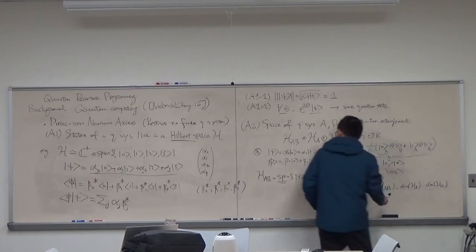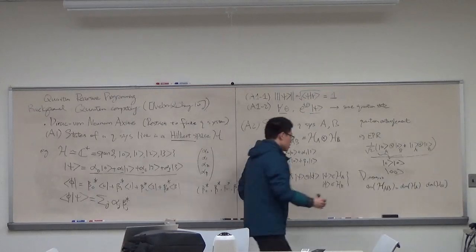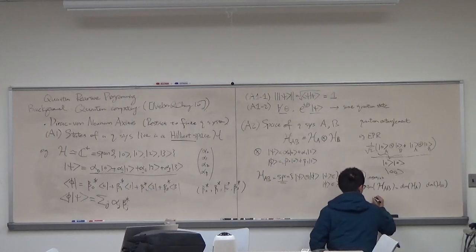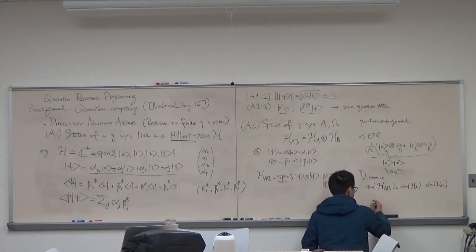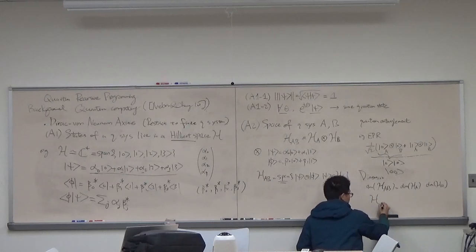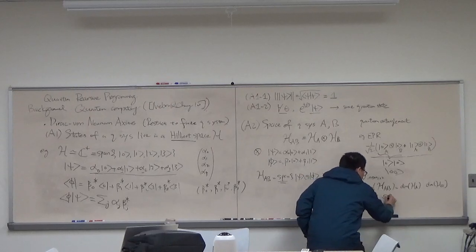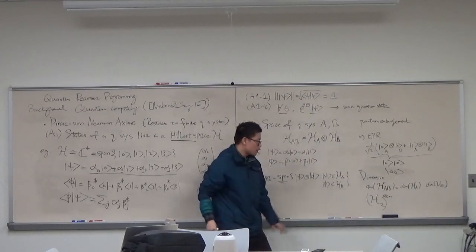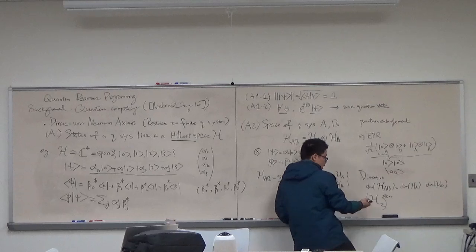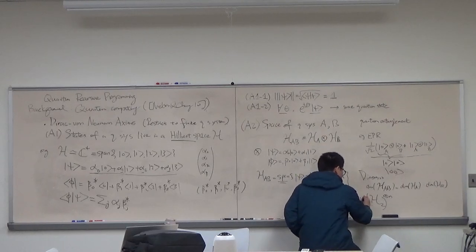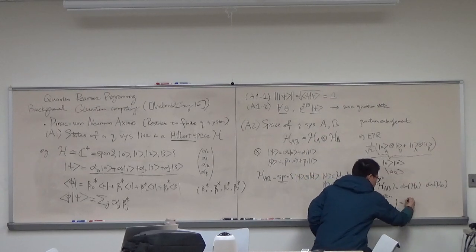That means if you have n qubits and each qubit has a Hilbert space H_2, you need to tensor it n times, and the dimension of the n-qubit space will be 2 to the n.